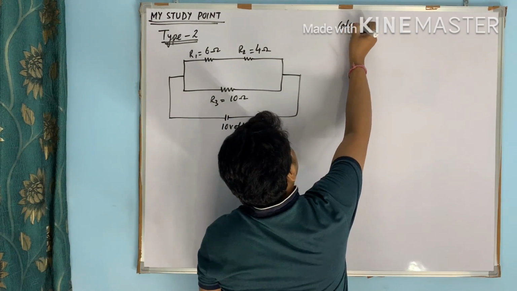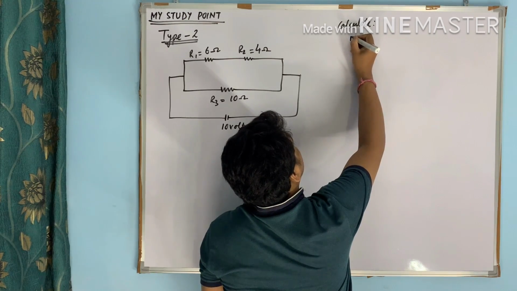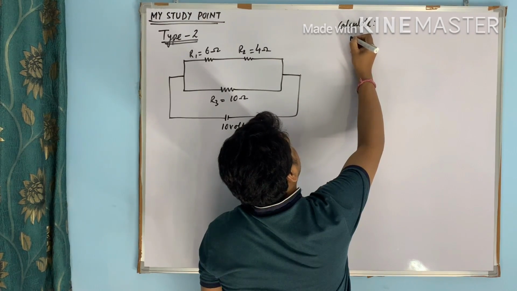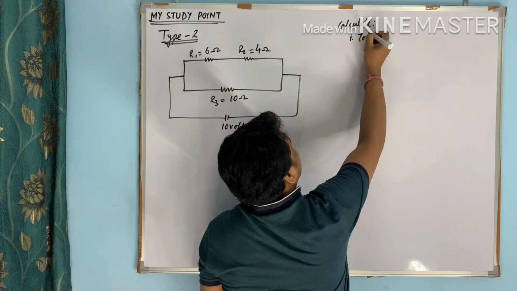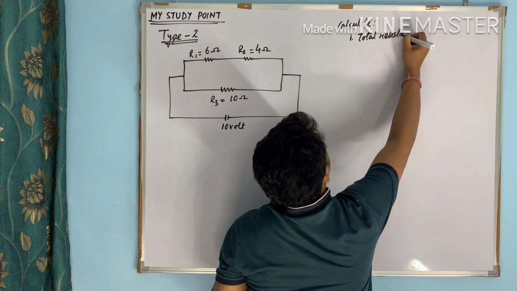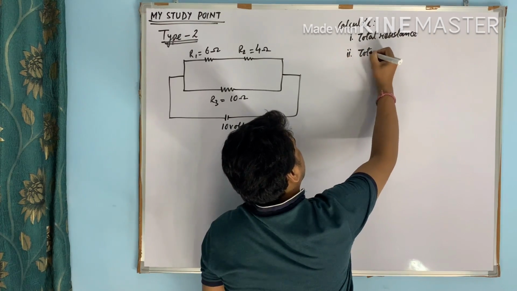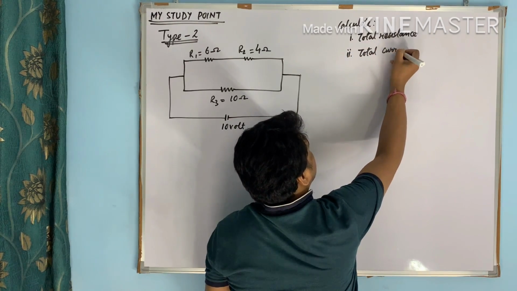Calculate first the total resistance and second the total current.